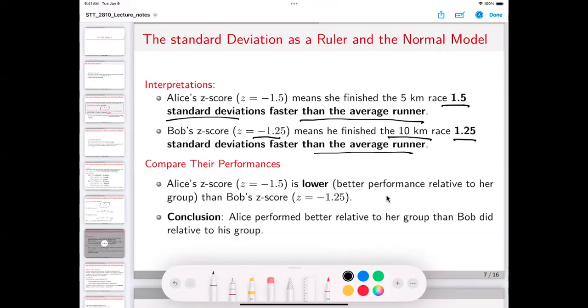So you can see that looking at this, because Alice's is 1.5, we can conclude that Alice performed better relative to her group than Bob did. Does that make sense? Any questions?